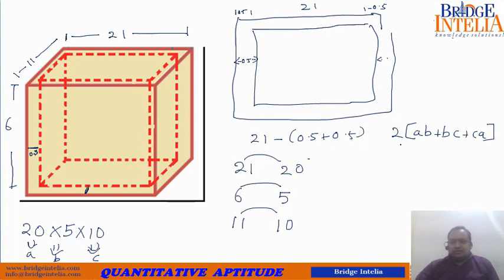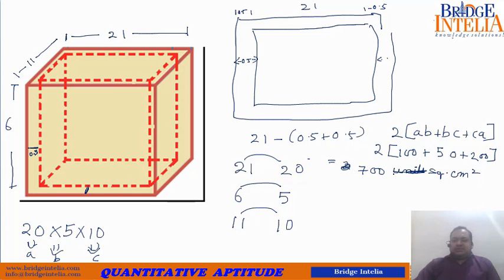So twice of AB, 20 into 5, 100, plus BC, 5 into 10, 50, plus CA, 10 into 20, 200. So this is twice of 350, so 700 units, 700 square centimeters.